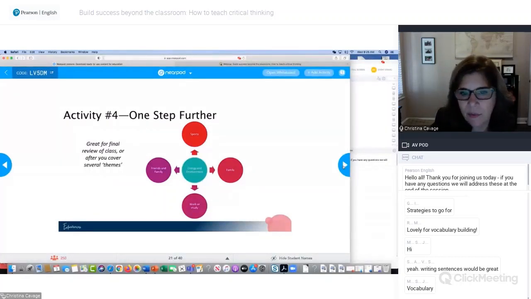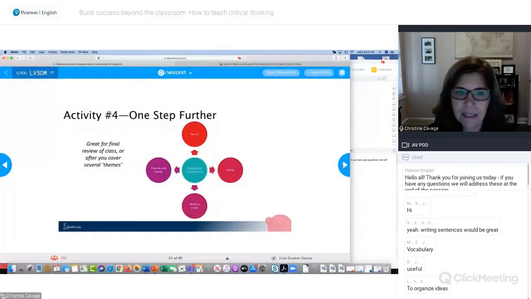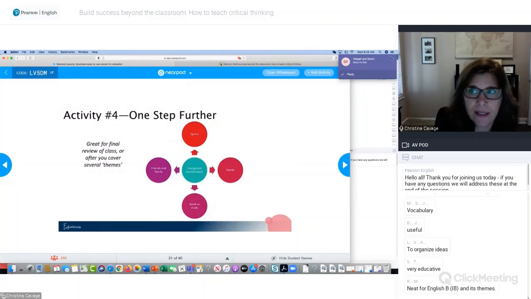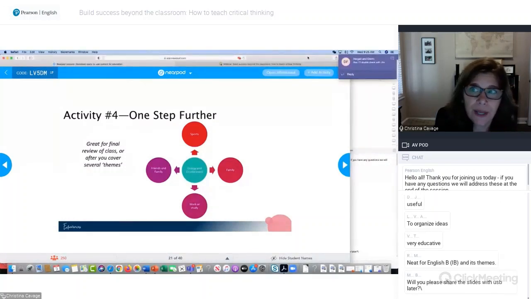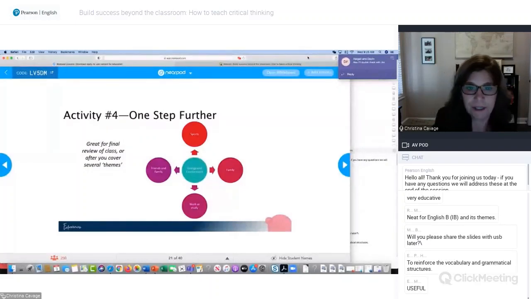Maybe we studied the theme of energy and environment, work and study, friends and family, and sports. What I would do then is put all the themes together, maybe putting one in the center, but you don't necessarily have to. And what I'm asking students to do is make a connection between these types of relationships.